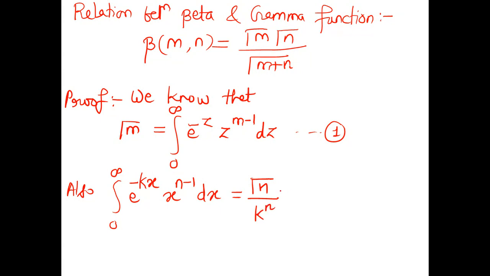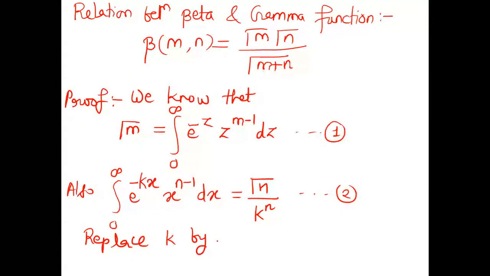Now, earlier in the gamma function I have used the variable z, so we will just replace k by z in equation number 2.